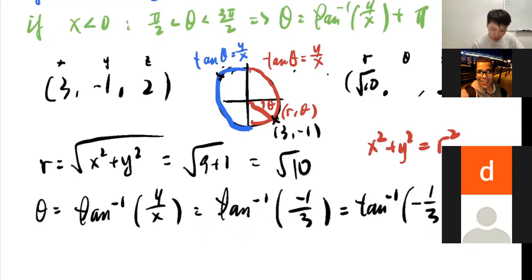Let's do 2. It will be much easier, I think. Okay, so in this case it is 2 squared plus minus 1 squared. So it's 4 plus 1, radical 5.